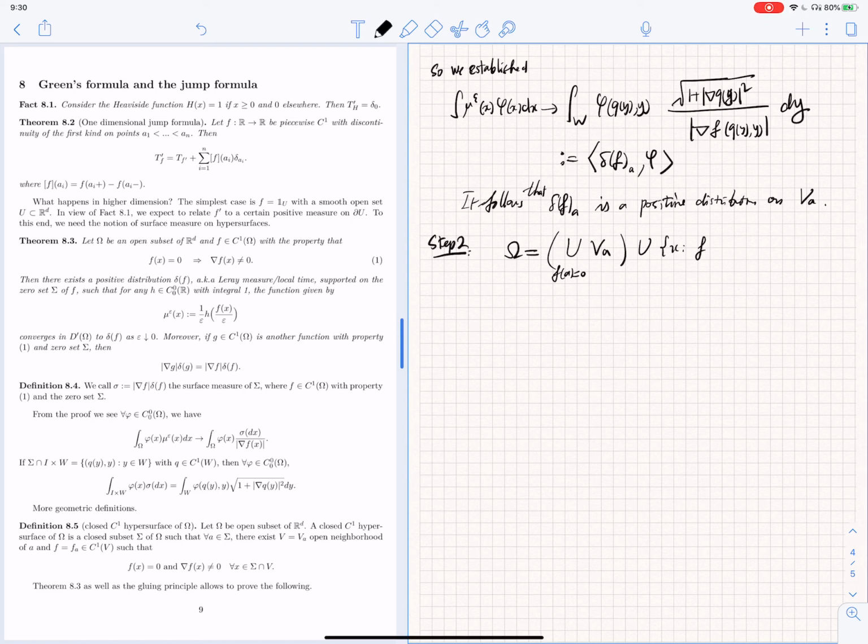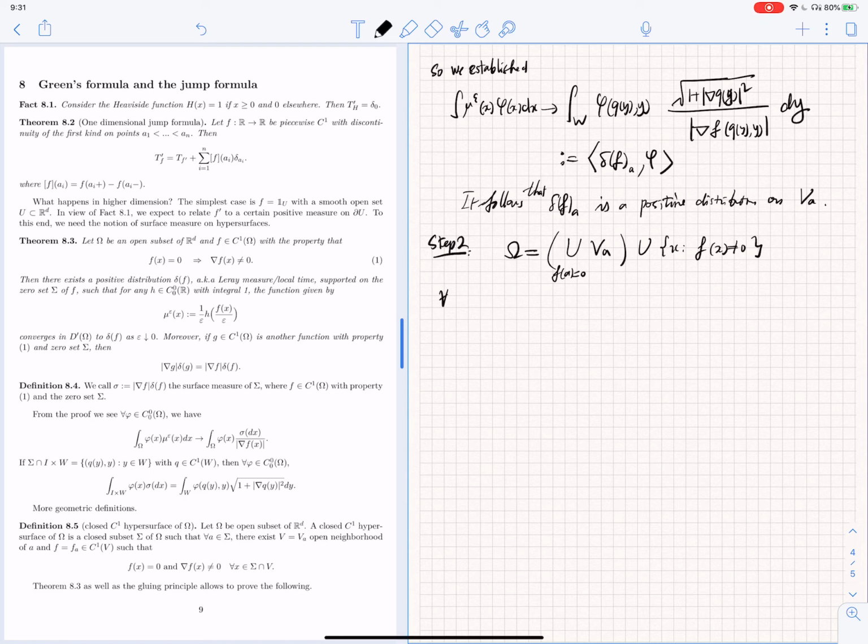Otherwise, we have another open set, which is the set on which f is not 0. Okay, the zero set is a closed set, so this is an open set. So we have an open cover of omega. For each one of them we can show convergence. So this is typically a situation where we can make use of the partition of unity to prove things.